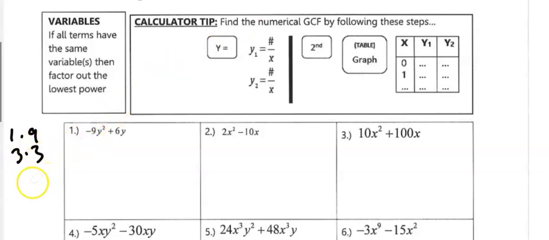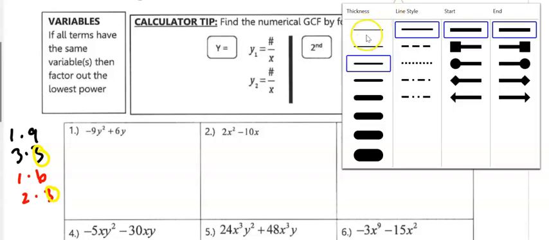To get 6, we can multiply 1 times 6, or 2 times 3. So the common factor that they both have is 3. Now you could factor out the negative 3, because that leading coefficient is negative.